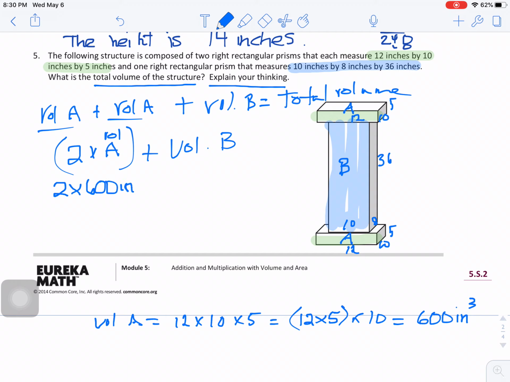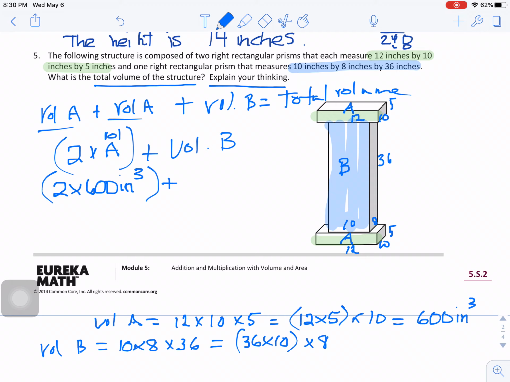inches cubed plus, now let's figure out the volume of B. I'm going to give myself a little more room here, so it's 10 times 8 times 36. And for me, as I look at this, I'm just going to go ahead and multiply 36 times 10 first, and then multiply it by 8. Okay, so 36 times 10 is 360.